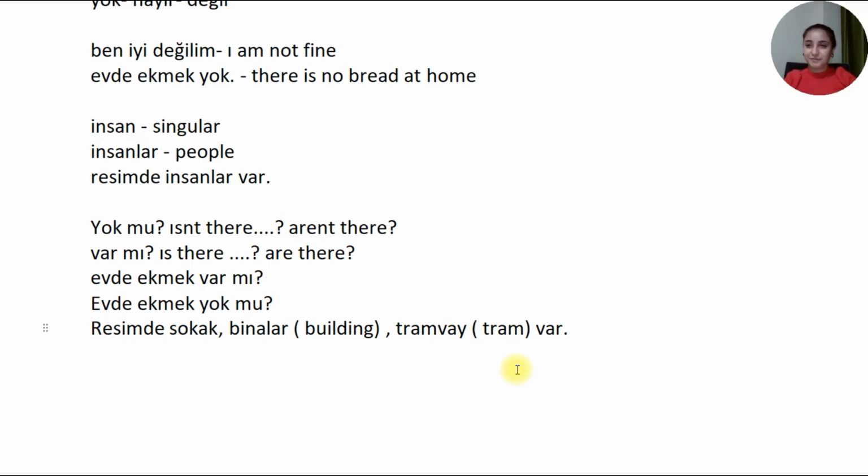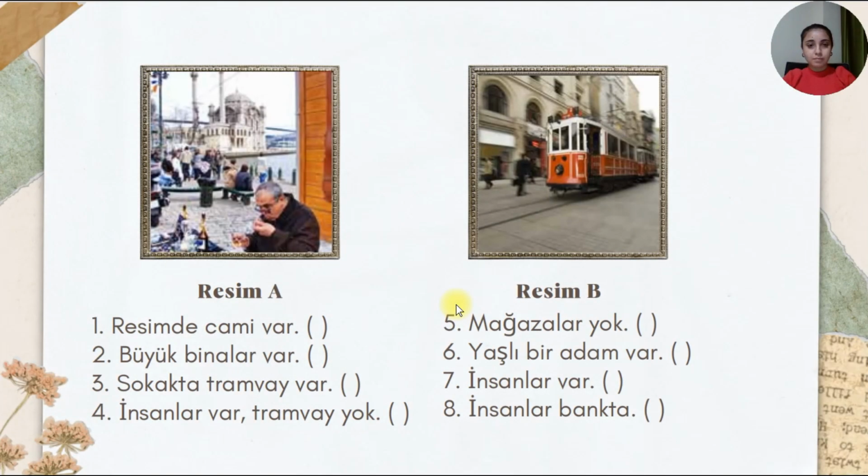Clear? I think so. Okay. And now it is time to compare those pictures. Resim A, resim B. I want you to think about them. Please stop the video and try to do them by yourself. I will start to say the answers in 5 seconds.